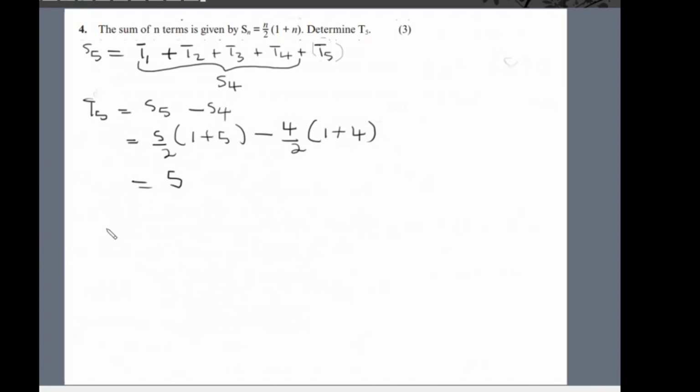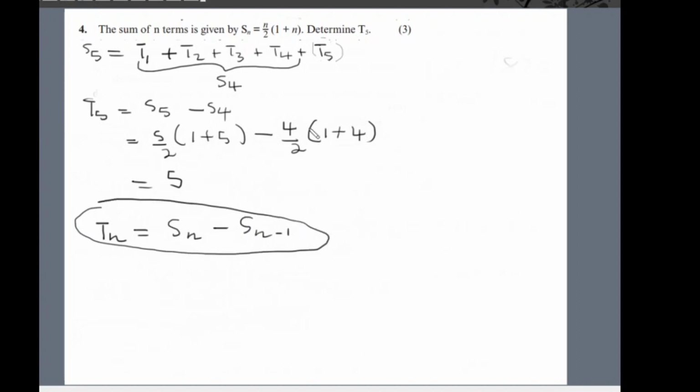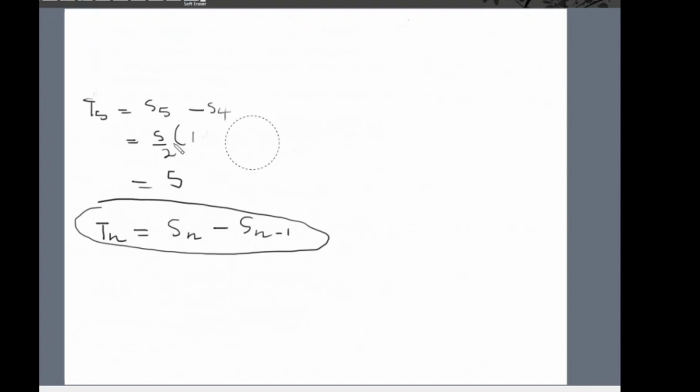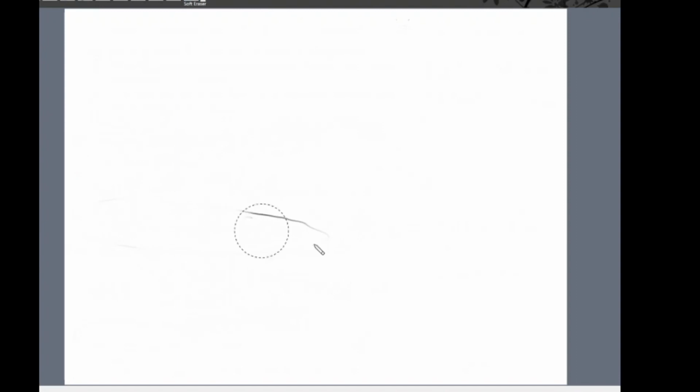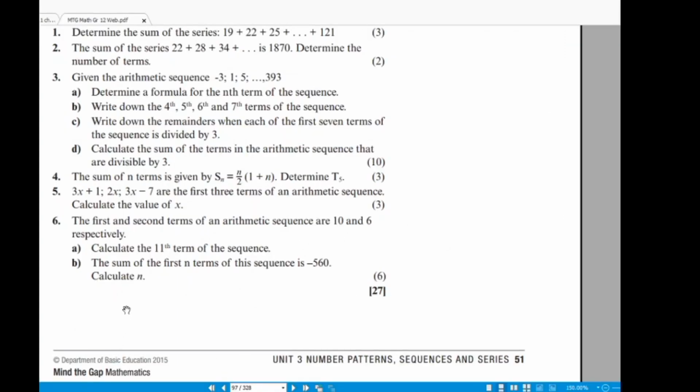So in general, to calculate Tn when you are given the sum formula, Tn is equal to Sn minus Sn minus 1, right? An easy 3 marks there. Okay, now moving to question 5. Let's copy question 5.